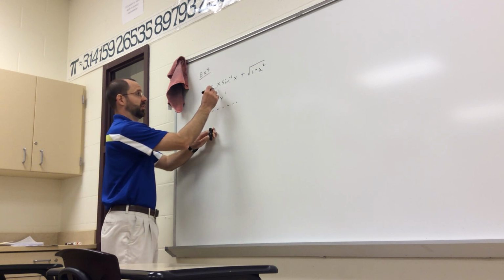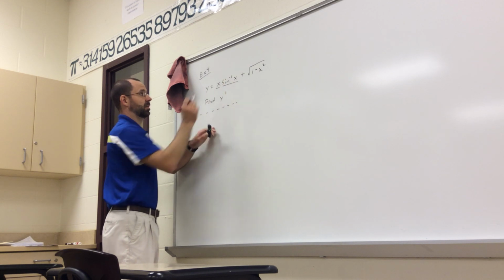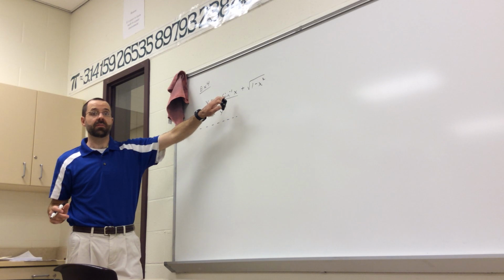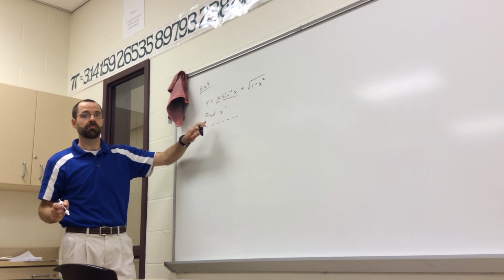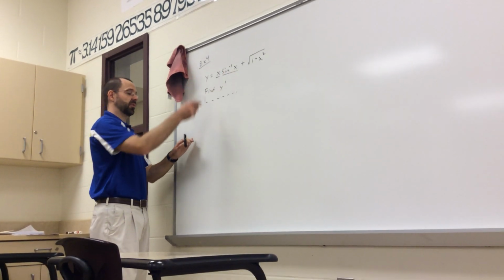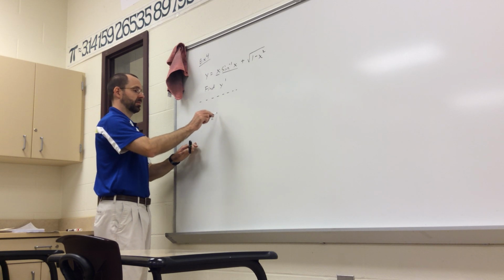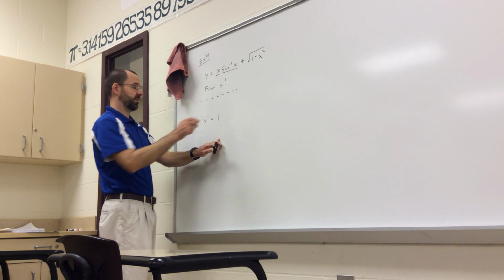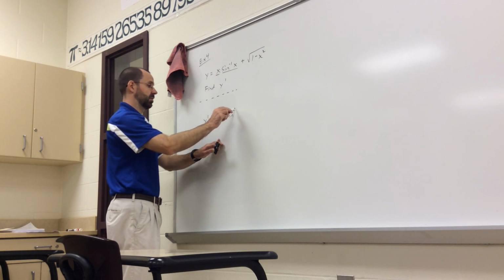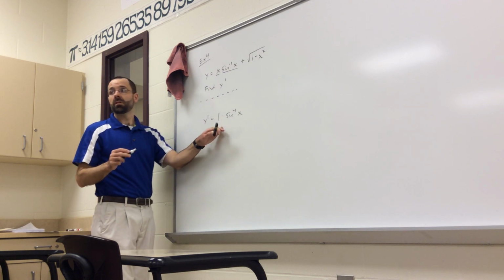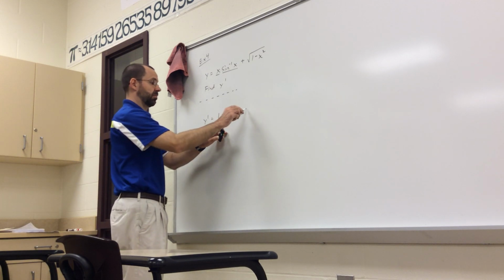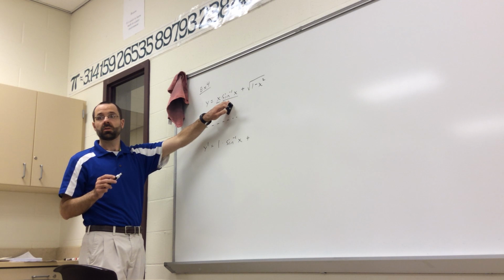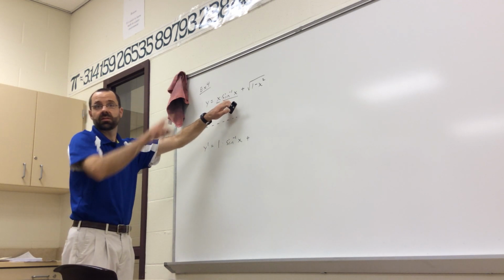Okay, so this part of it is a product rule, because we got x times inverse sine of x. So you take the derivative of the first thing, that's 1, times regular second thing, plus derivative of the second thing, which used to be over there, right?